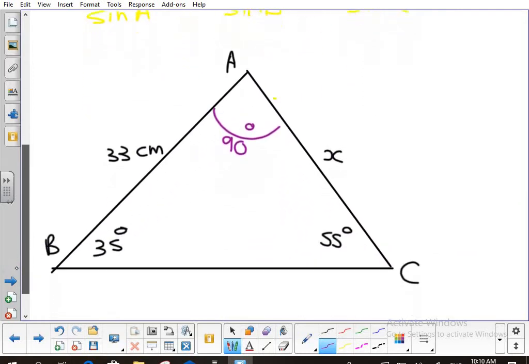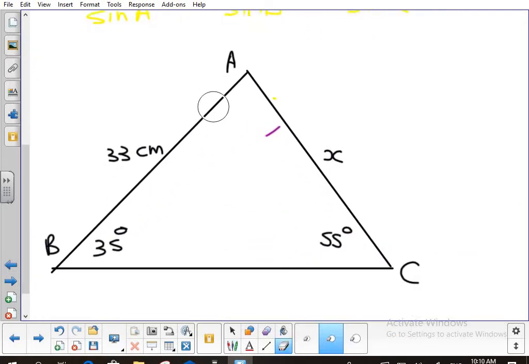So on the board, I give you a triangle, and this is a typical calculation with my sine rule. If I look at the triangle as it is given there, you would realize that there's no 90 degrees at this stage. So historically speaking, I would not be able to use sine in this.